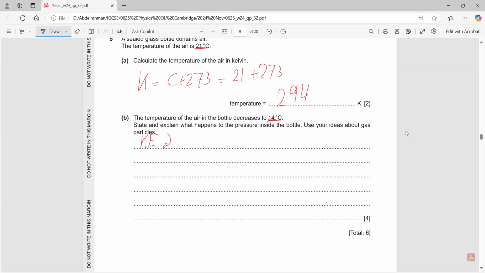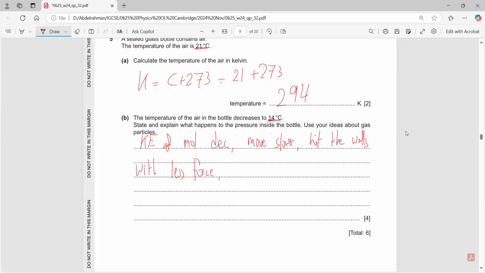Kinetic energy of the molecules decreases. Molecules move slower, hit the walls with less force, not as strong.